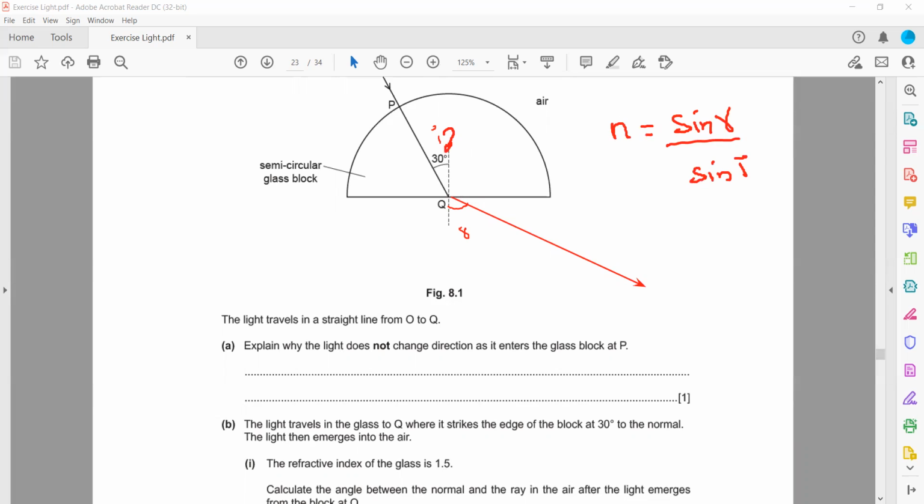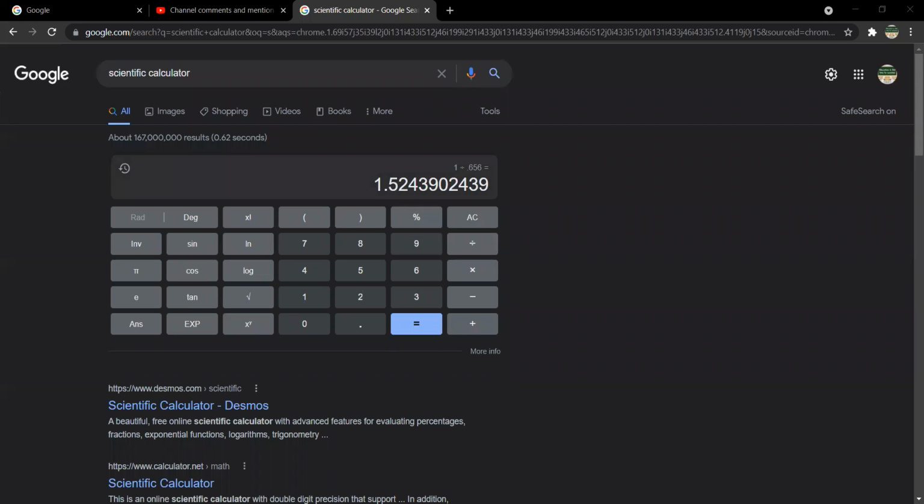So when we use the calculator here, the refractive index is equal to sine r over sine i. The refractive index is 1.5, sine r we don't know, and the angle of incidence is 30.